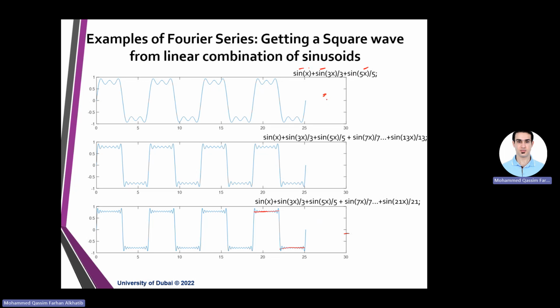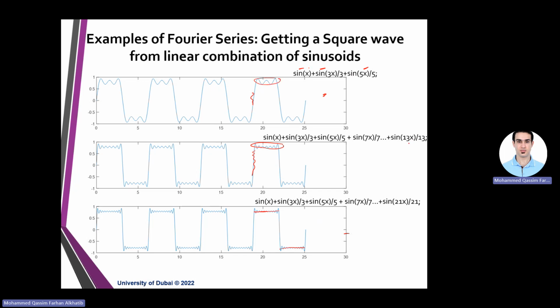Now, if you add more terms, up to 13 here, you are getting a more rectangular shape with a sharper transition compared to that one. And the fluctuations' magnitude is less than the one before.